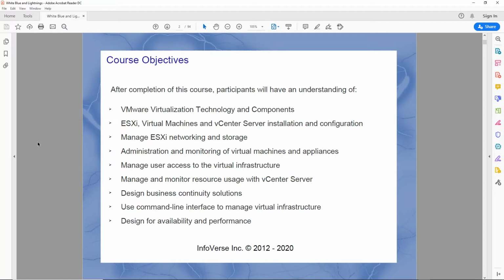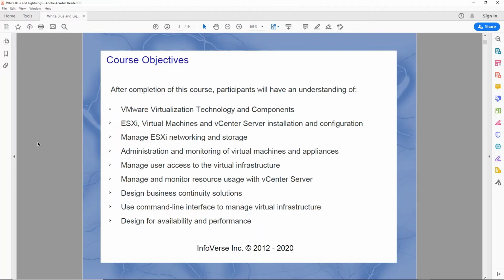What are the various parts of this ecosystem, including ESXi, virtual machines, and vCenter, how they're installed, how they're configured, and managing ESXi and its networking and storage. Again, extremely important and key concepts with regard to virtualization.